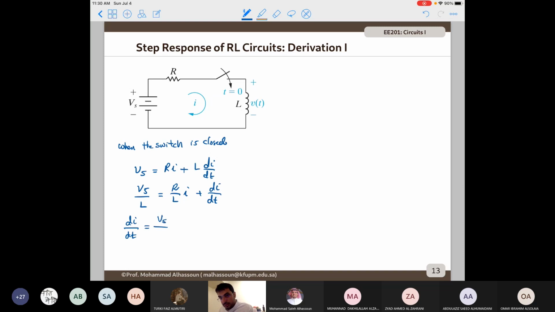So I will have di by dt equals Vs divided by L minus R divided by L multiplied by i. Let me take minus R divided by L as a common factor. So I will have i minus Vs divided by R.